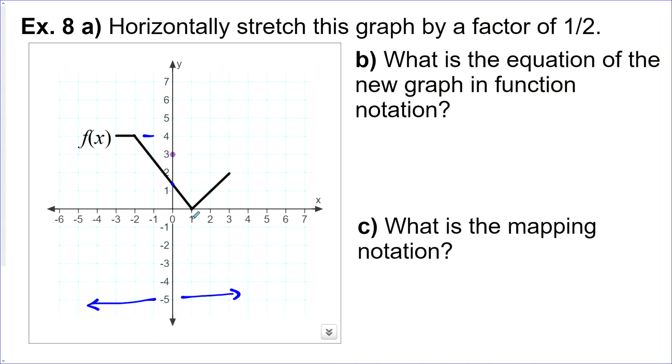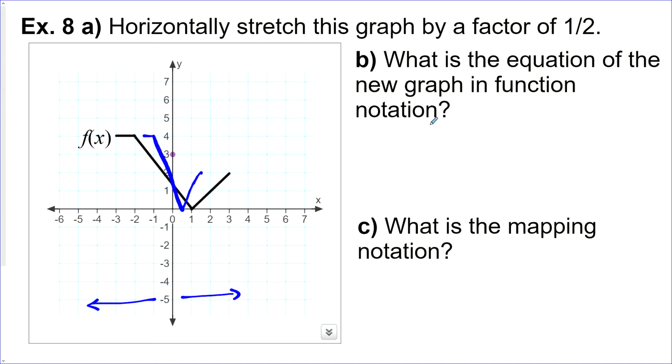This point was 1. That's going to be horizontally stretched to 1/2. Let's see if I can connect these. And this one here is at 3, so that's going to go to 1.5. Whoa. Okay, so that's our new transformed graph.